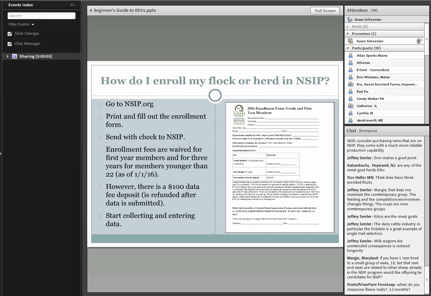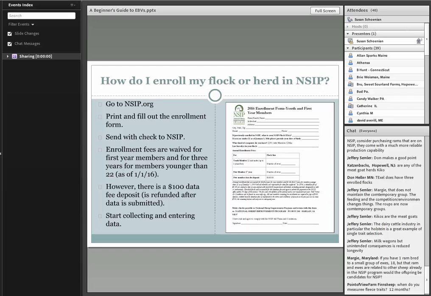How do you enroll your flock or herd in NSIP? Well, you go to the website. It's called nsip.org. A year or two ago, I don't think the website was very good, but the sheep industry wanted to relaunch and rebrand NSIP, and part of that rebranding effort was a better website, better educational materials, better promotional materials, and to really make an effort to get more flocks in the program.